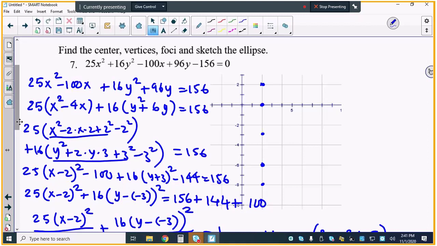So from the center, left and right go 4. So 1, 2, 3, 4 here, and 1, 2, 3, 4 here, and then I can complete the ellipse. So here and here, and I say the shape is something along this line, and that is my ellipse, and we're done.